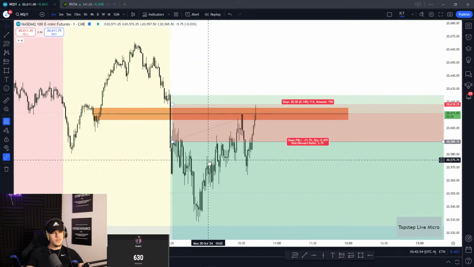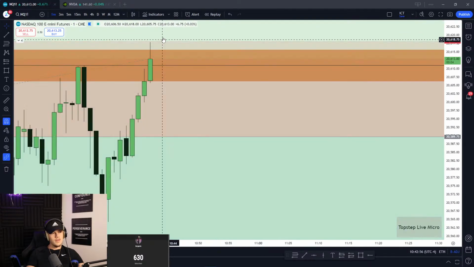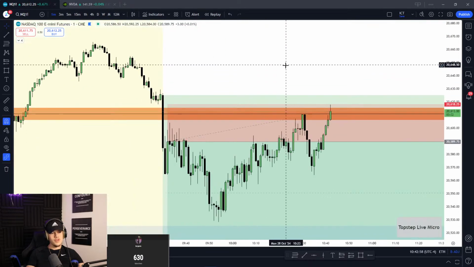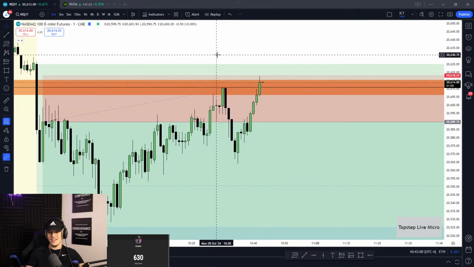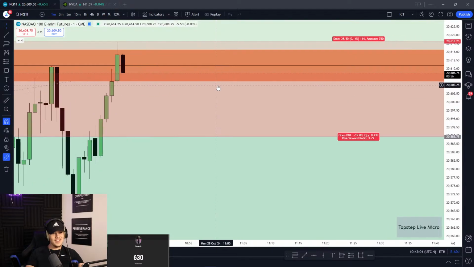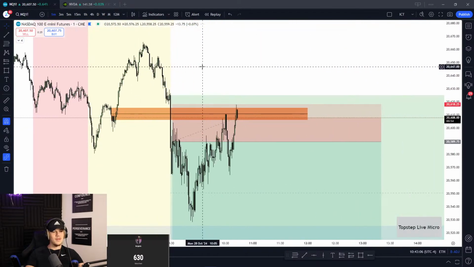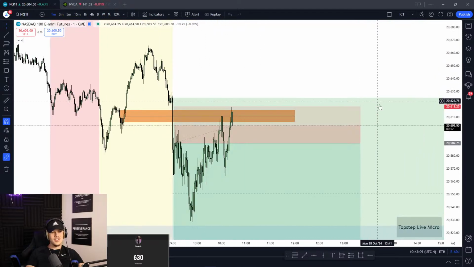And almost stopped. Very close. Imagine we go and win the trade now. That would be so funny. Look at that, that is so close to my stop. There's no shot.